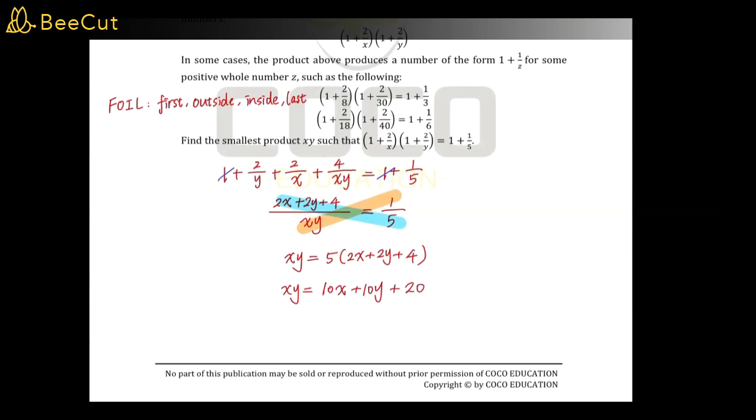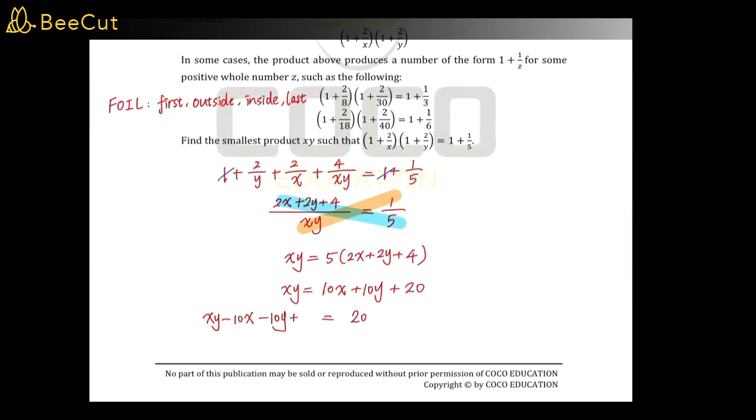Right, so we need to rearrange the numbers. Let's place the 10x and 10y to the other side. So xy minus 10x minus 10y equals 20.